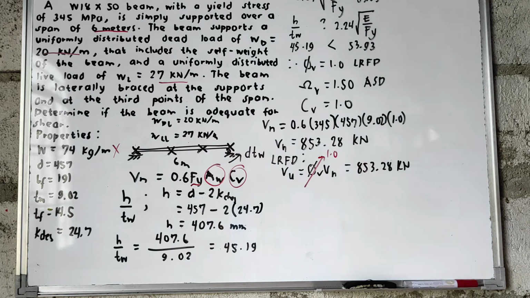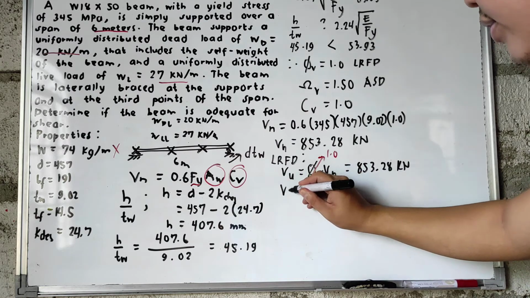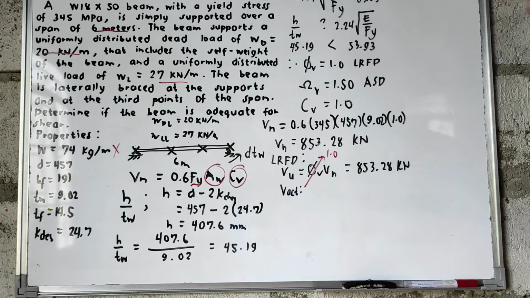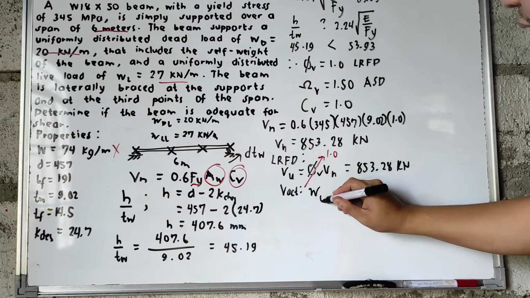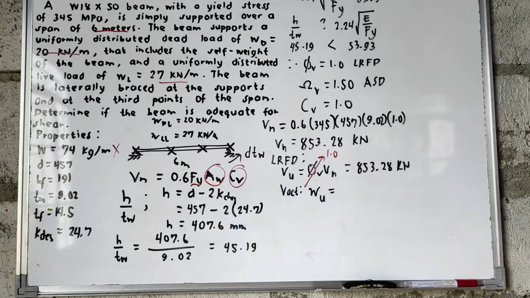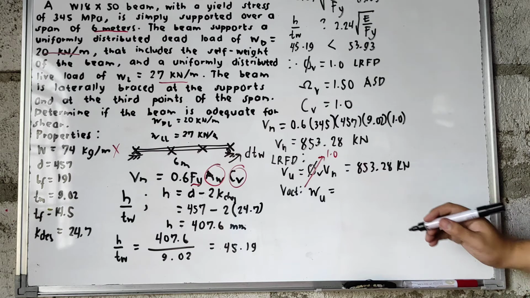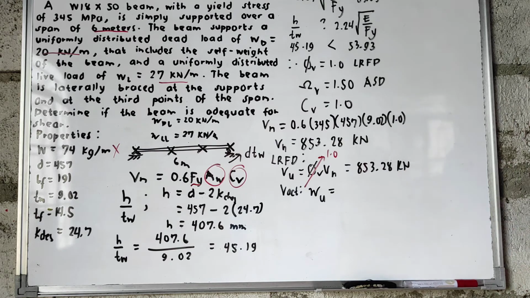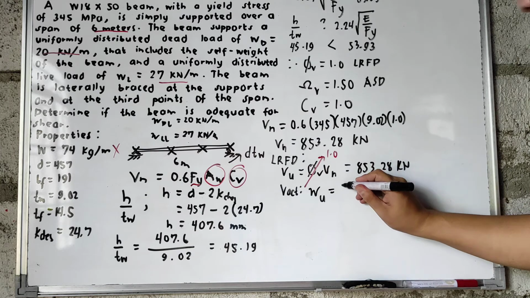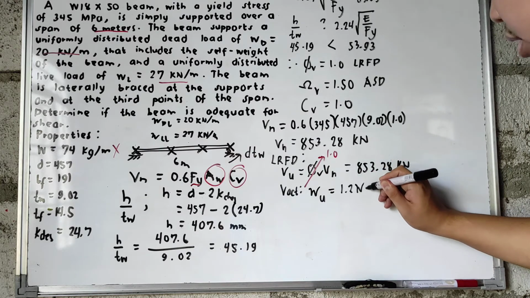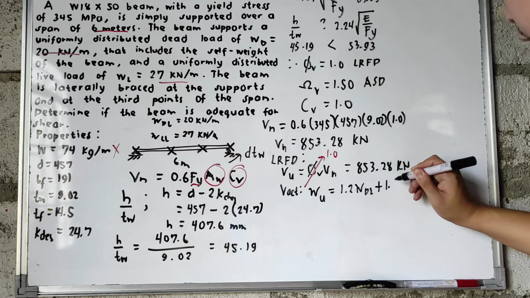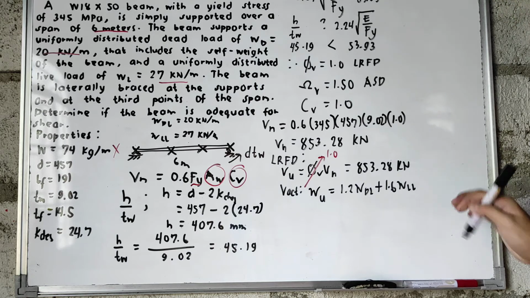Kunin muna natin yung value ng ultimate load natin or the ultimate distributed load natin. Since kailangan naka-factor yung mga loads natin, we have 1.2 dead load plus 1.6 live load.